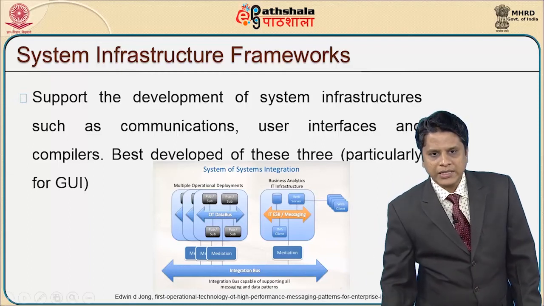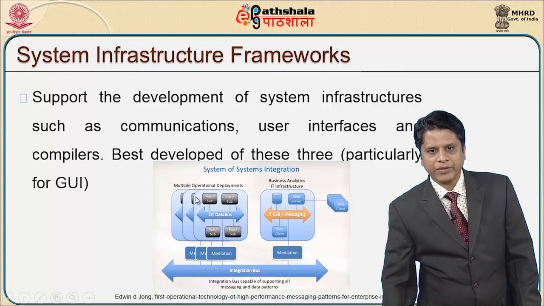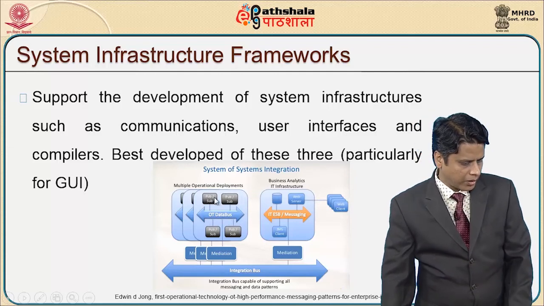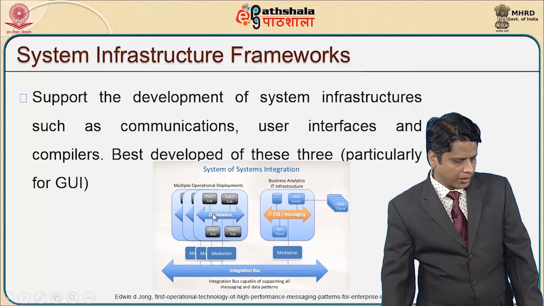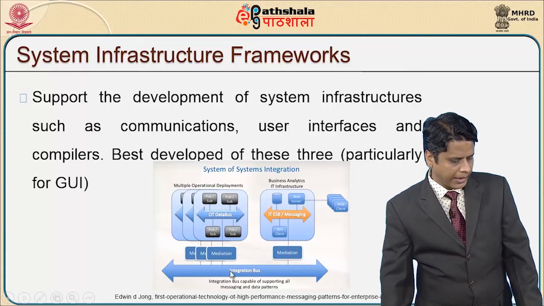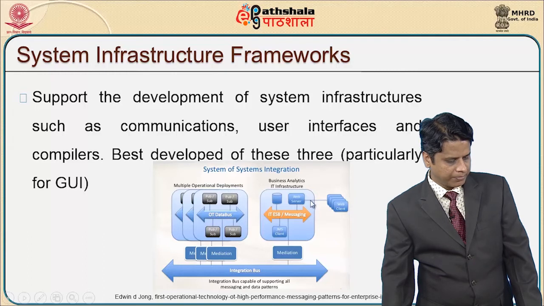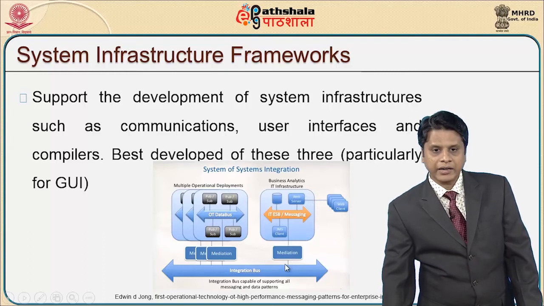Say if you consider system of systems integration, where we have multiple operation deployments and we have an OT bus which is connected to the sub, and there is a common integration bus which is capable of supporting all messages and data patterns, and there is a mediation between the OT bus, data bus and messaging, which is directly connected to the integration bus.